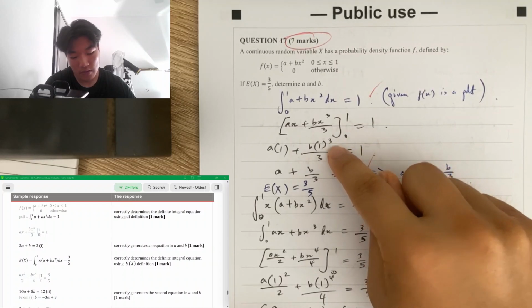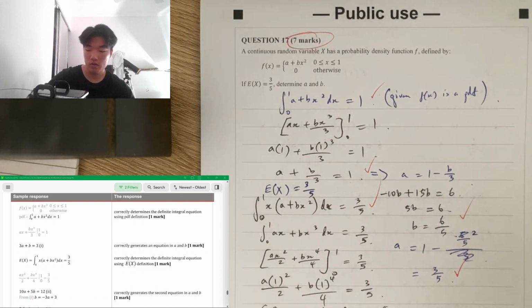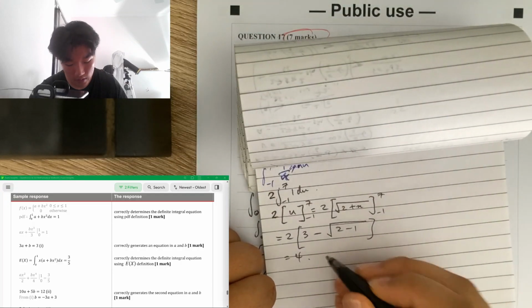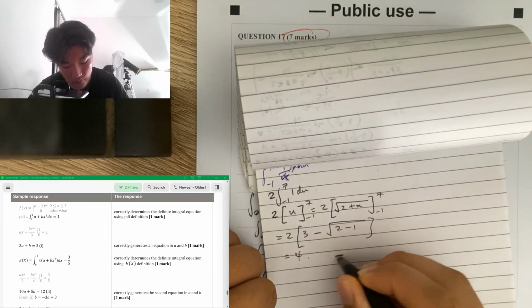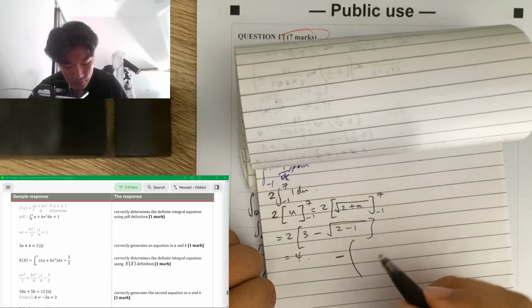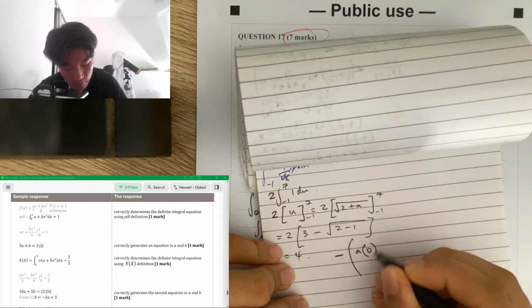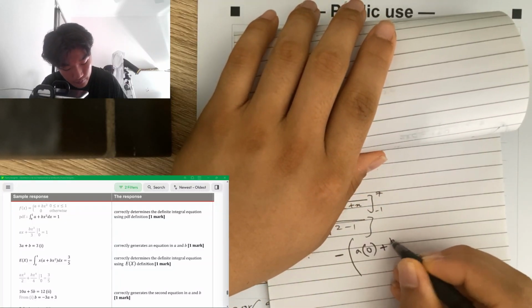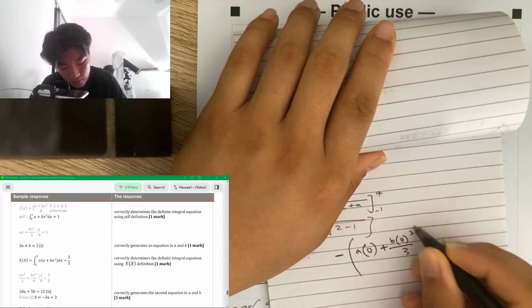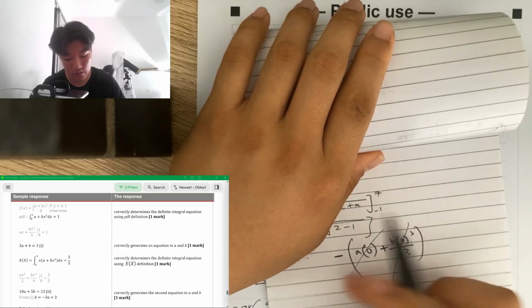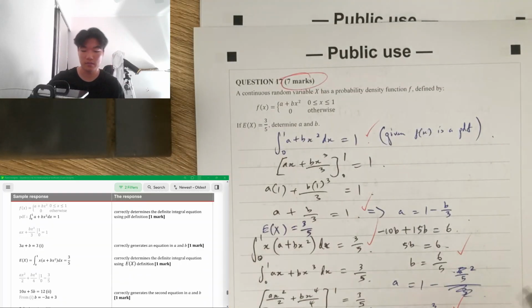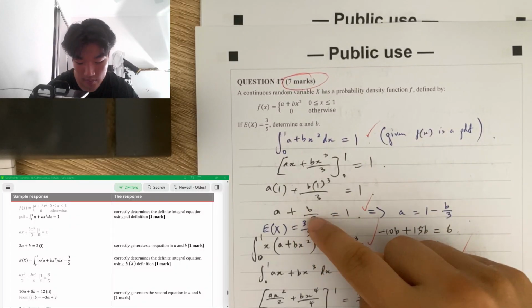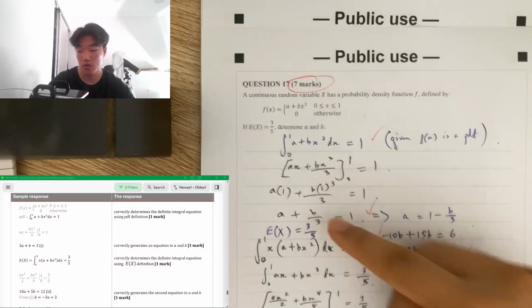Although for definite integrals you're subbing in the lower bound and subtracting it, in this case, since it's 0, when you sub in the lower bound this goes to 0. So you're subtracting 0, which doesn't change it. So then you can answer: a plus b over 3 equals 1.